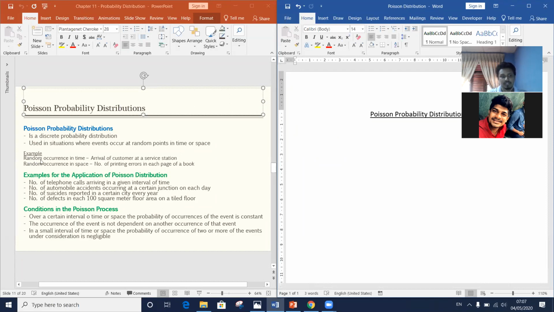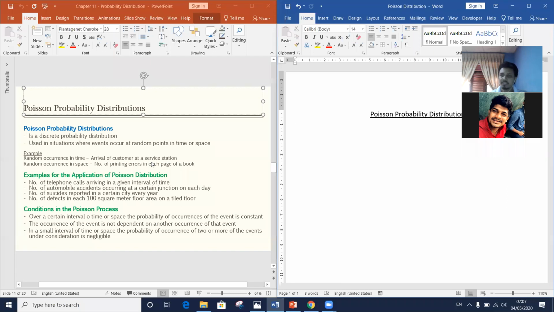Here, several examples have been given. Random occurrence in time. For an example, arrival of customers at a service station. On average 100 customers come to the service station, over any period we like: a day, a week, a month or a year.